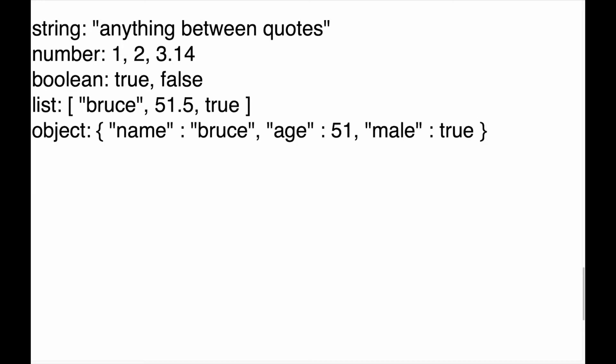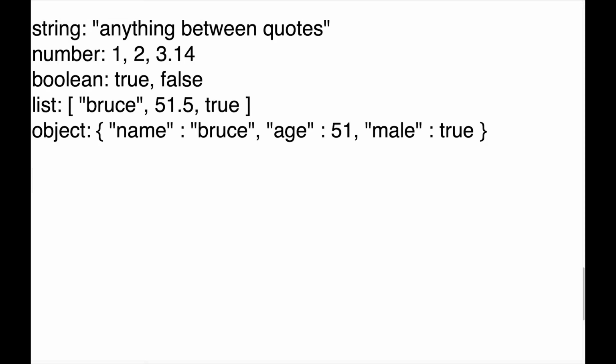For an object, you want to think of it as kind of like a bag. And in this bag, I can throw a bunch of stuff. And I'm going to reference that stuff by its key. So I'm going to throw name is Bruce into the bag. And then at any point in the future, I can say, what's the name? And it will send me back Bruce. I can say, what's the age? It'll send me back 51.